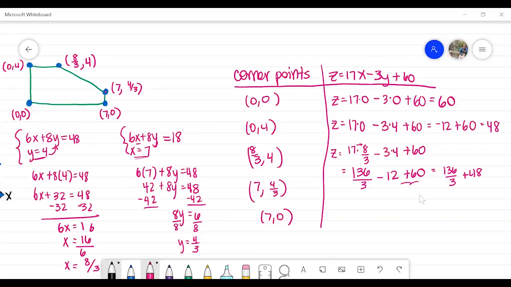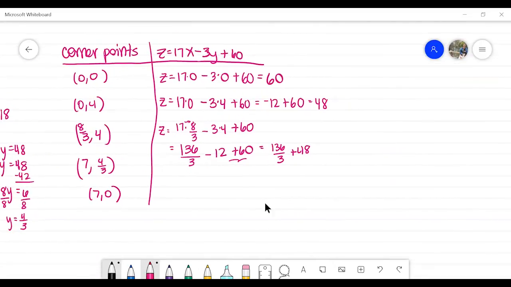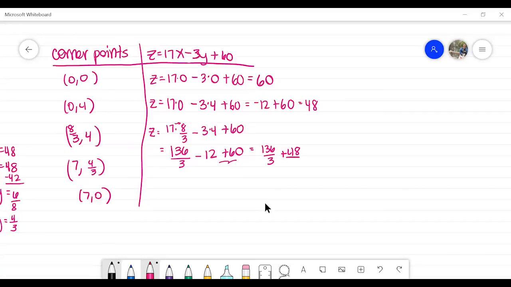What I'm going to do is put that over 1, and get a common denominator, so times 3 over 3.